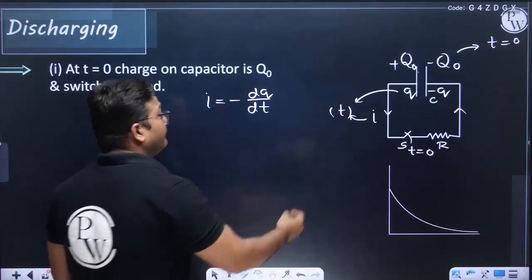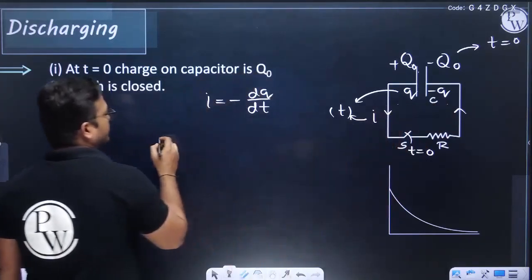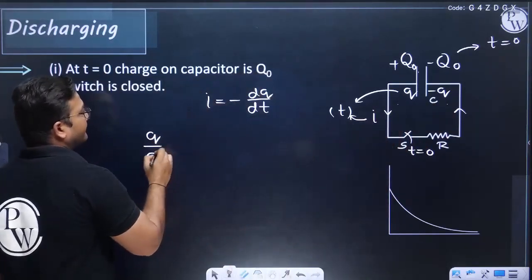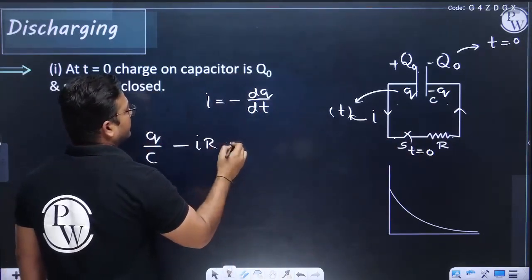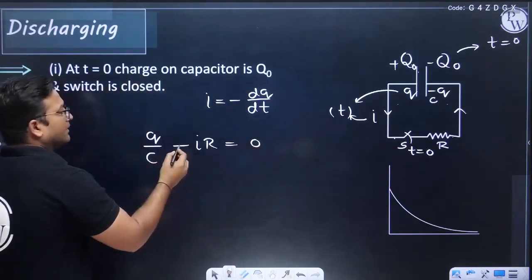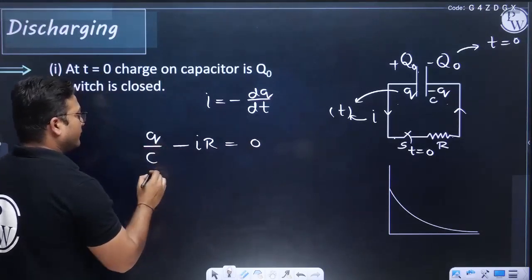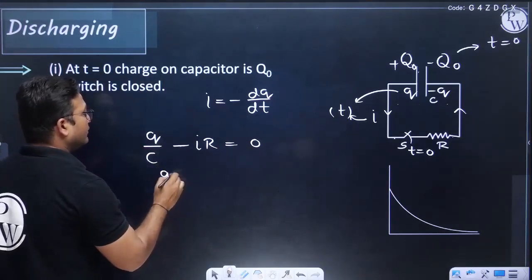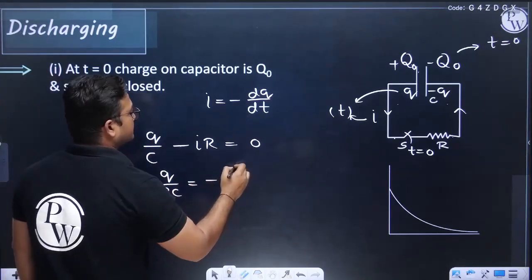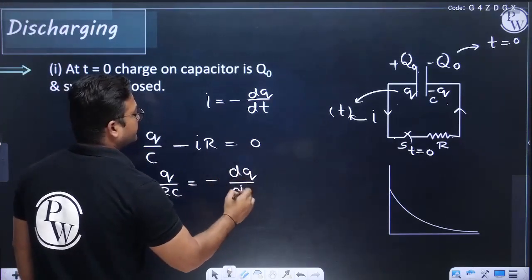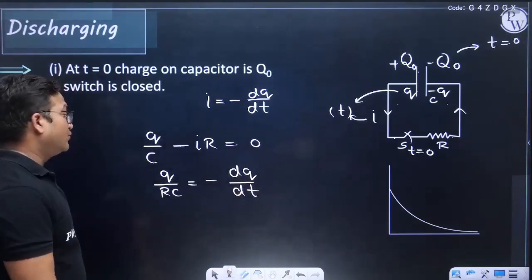Now if you apply KVL from here to here, you will get Q by C, and from here to here you will get minus IR equals 0. Bring this IR on the right side, on the left we will have Q divided by C equals minus IR, and I is replaced by minus dq by dt.